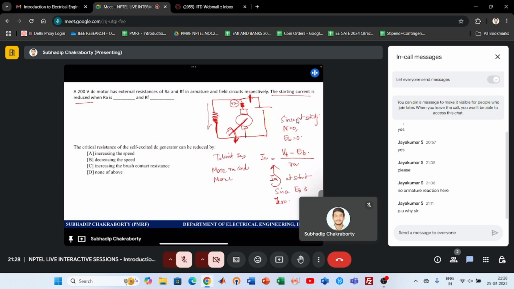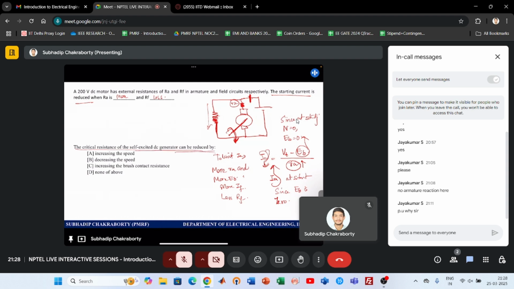So more RA means less IA, more EB means less IA. More EB means more IF. More IF means less RF. So more RA and RF should be less. That is a way to start with low IA if you have some arrangements.